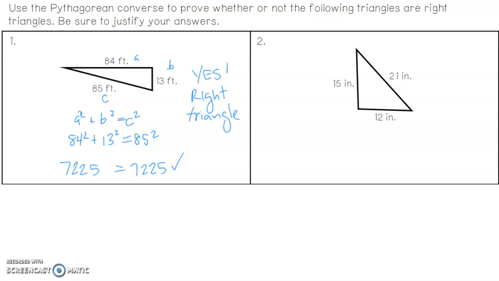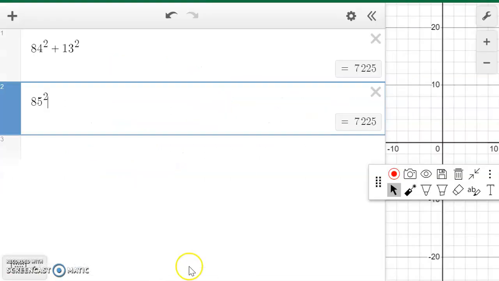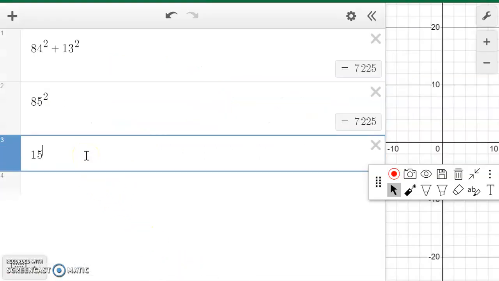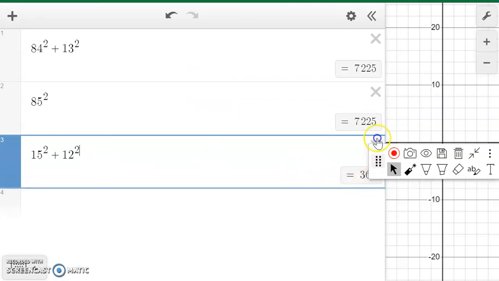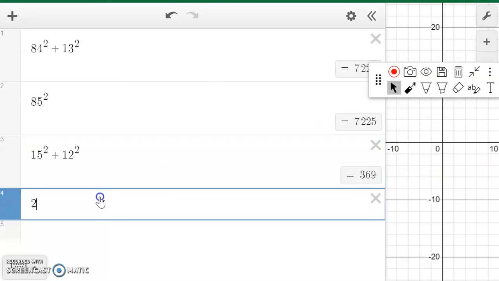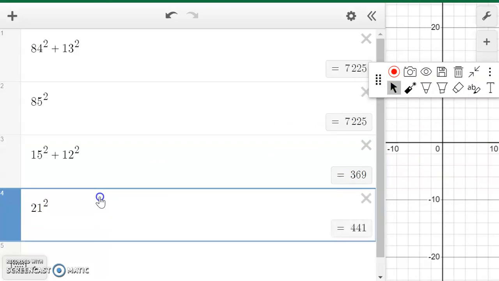Okay, so again, it looks like this would be my right angle. So we're going to prove it. My longest side is the hypotenuse, the other two are the legs. So a squared plus b squared equals c squared. This time we have 15 squared plus 12 squared. Does that equal 21 squared? So 15 squared plus 12 squared is 369. 21 squared is 441.